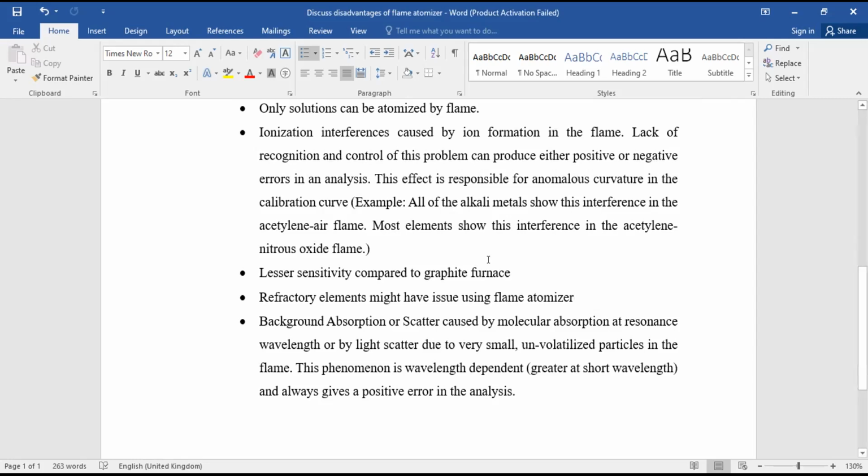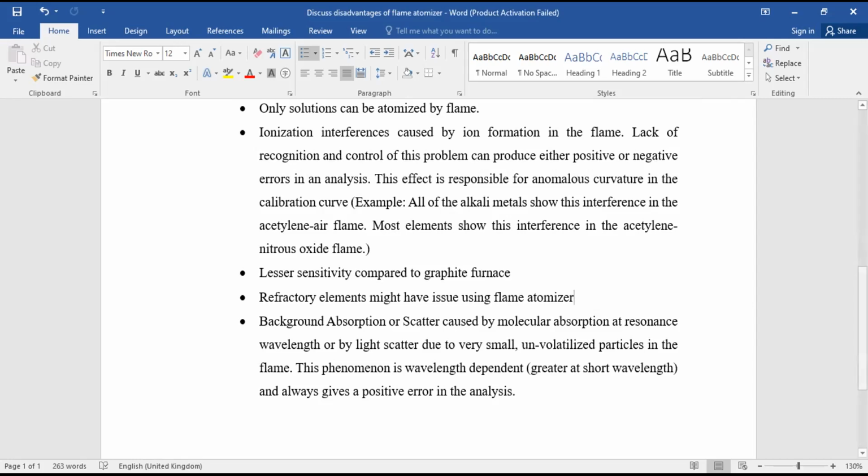And the next disadvantage is that it's not as sensitive as graphite furnace, especially when the sample size is small. And refractory elements might have issues being atomized using the flame. Refractory elements are elements that are much more resistant to heat or high temperature, so it's much harder to atomize them.